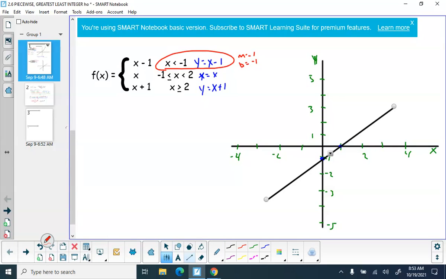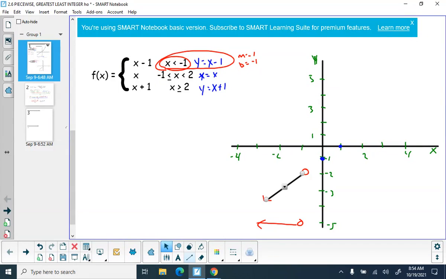So if I'm graphing x is less than negative 1, Cole, what would that look like? X is less than negative 1. That would be an open dot going to the left. Open dot at negative 1 going to the left. So in my graph up here, that's what we want. We want an open dot at the value of negative 1, and we want to go to the left, so we can use our eraser and take us back to that.